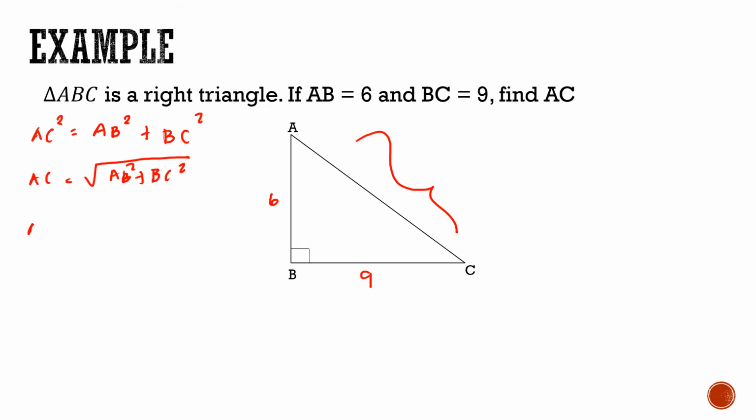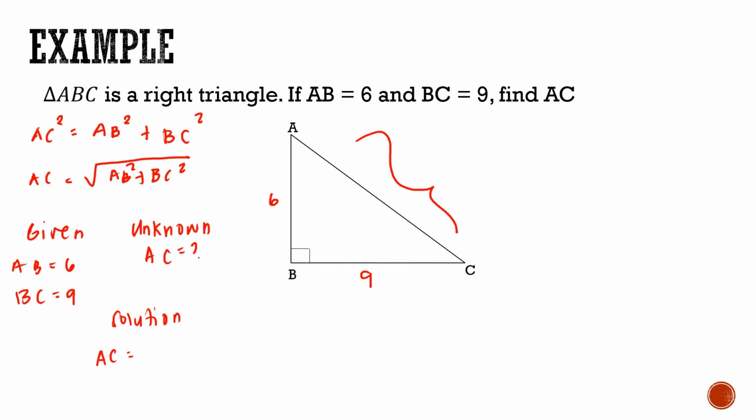So I have now my given: AB is equal to 6, BC is equal to 9. The unknown will be my AC. Applying the formula, we have AC is equal to the square root of 6 squared plus 9 squared.